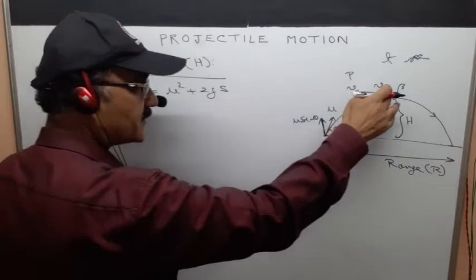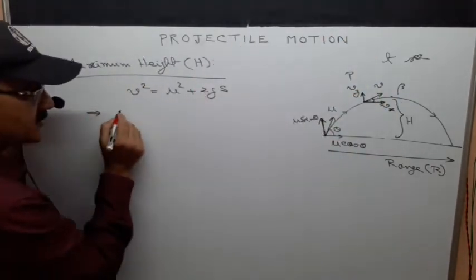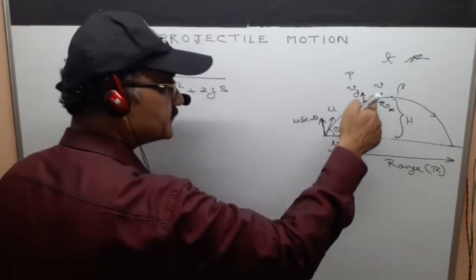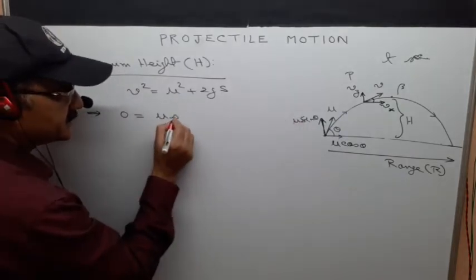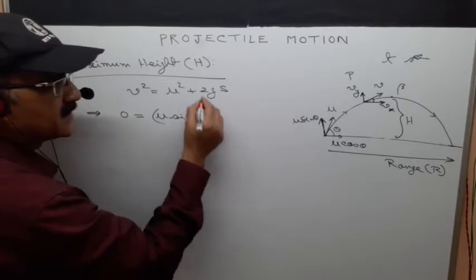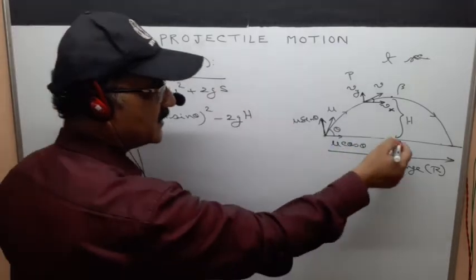So at the highest point, this velocity in the vertical direction will become 0. U, initial vertical velocity was u sin theta, minus twice g, and s will be h.